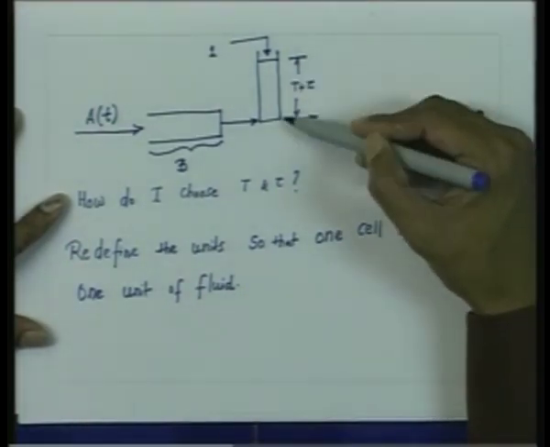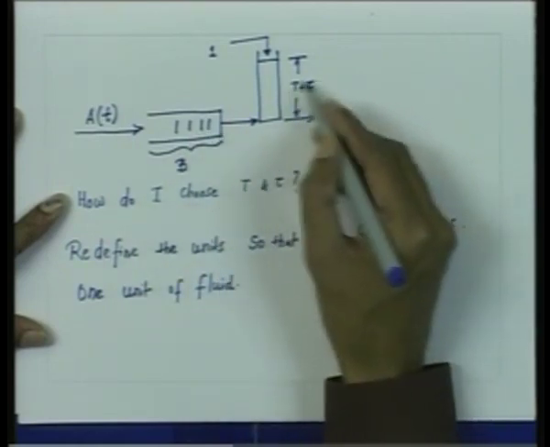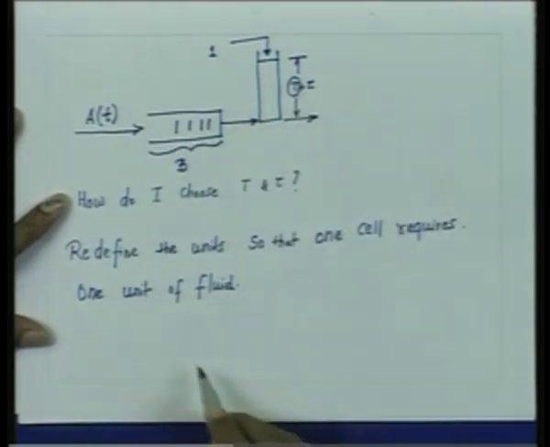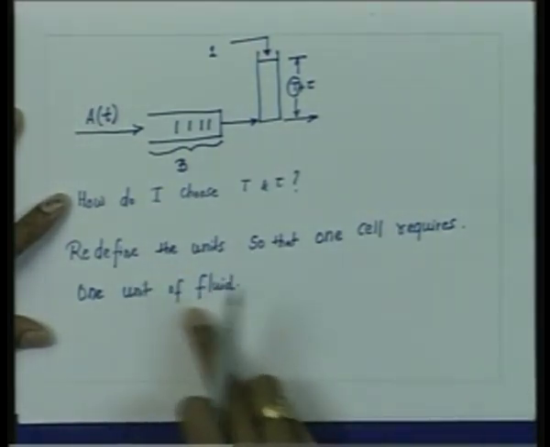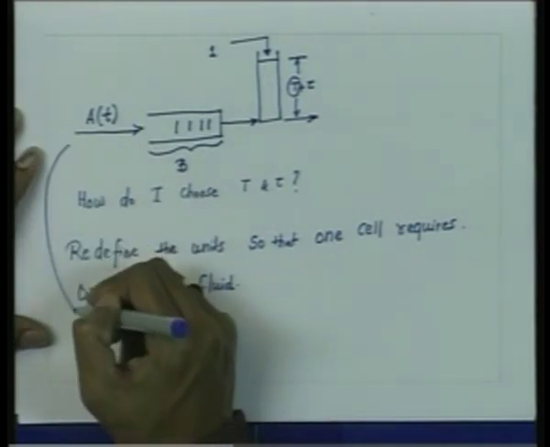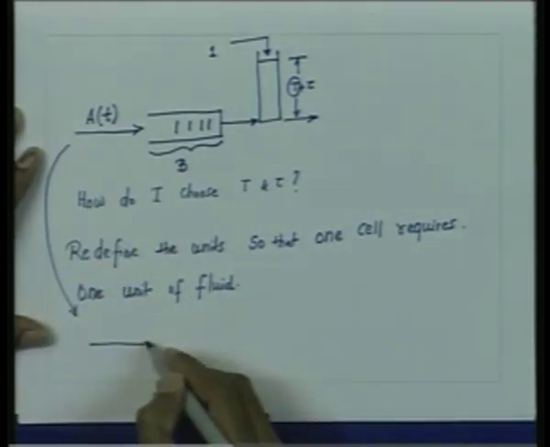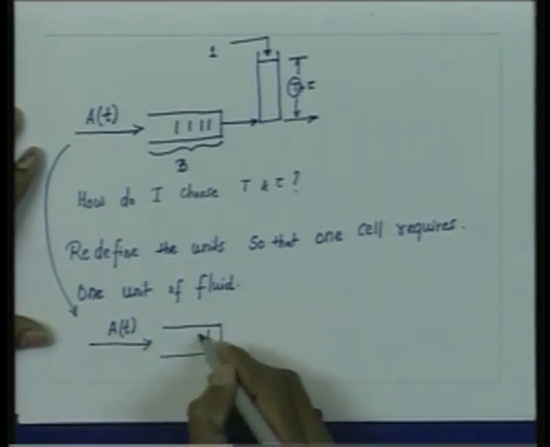Note that we are assuming that each cell requires capital T units of fluid, so we redefine these units such that one cell requires exactly one unit of fluid. We can then rewrite this diagram: we again have a random bursty source A(t) which passes through this buffer.